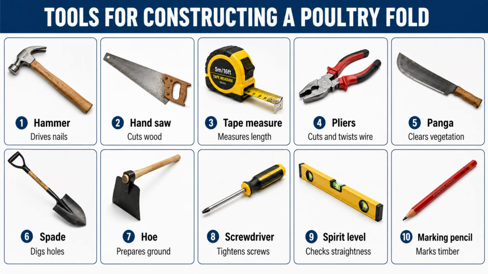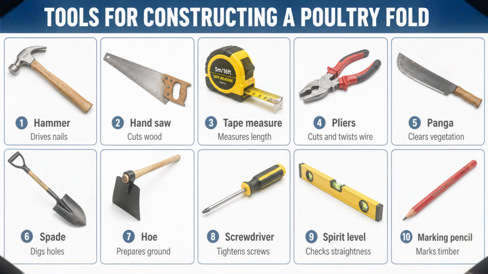A spade and a hoe may be used when preparing the ground or when digging holes, especially the ones for the poles. A screwdriver is used when working with screws to drive them in and out. A spirit level will help you to check whether the structure is straight. A marking pencil is used to mark the places where the timber will be cut. And with that, you are done with that part.